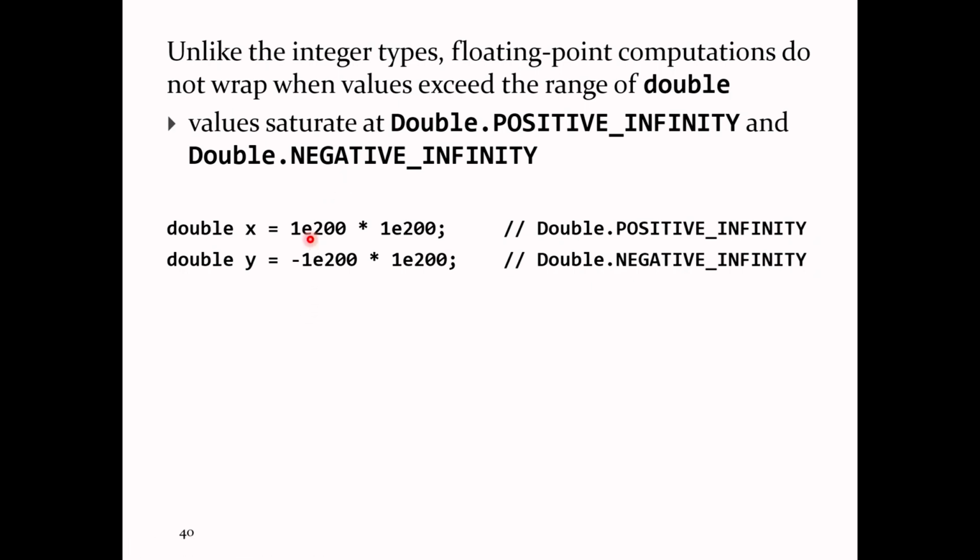So if I take 10 to the power 200 multiplied by 10 to the power 200, 10 to the 400, that's bigger than Double.MAX_VALUE. That ends up being positive infinity. Similarly, if you take negative 10 to the 200 and multiply that by 10 to the 200, that's smaller than negative max value, so you end up at negative infinity instead. So floating point values don't overflow, they saturate instead.